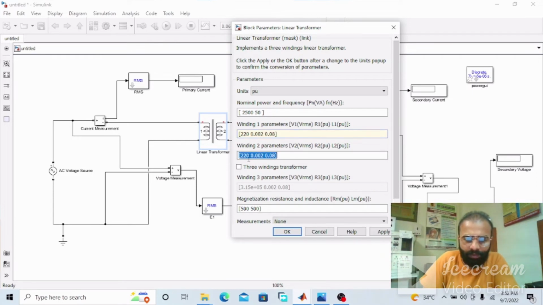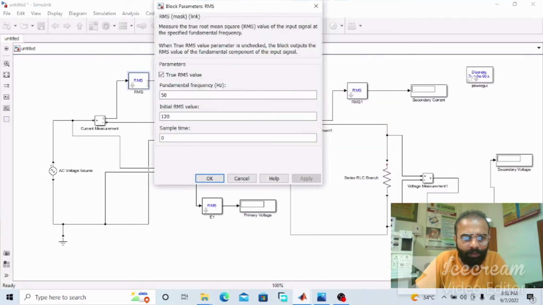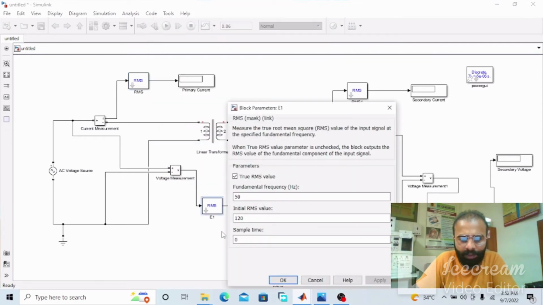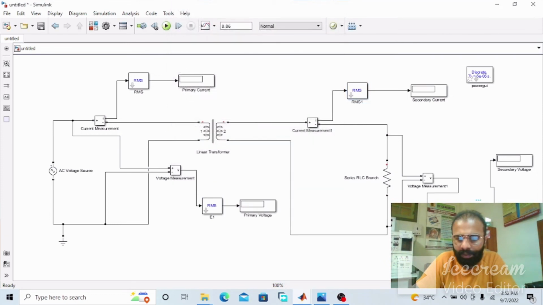So winding 1 is 220 volt and winding 2 is 40 volt. We are taking as output. Okay, now go to each RMS block, select the 50 Hz frequency, here again the 50 Hz frequency, again here the 50 Hz frequency, and again here the 50 Hz frequency.